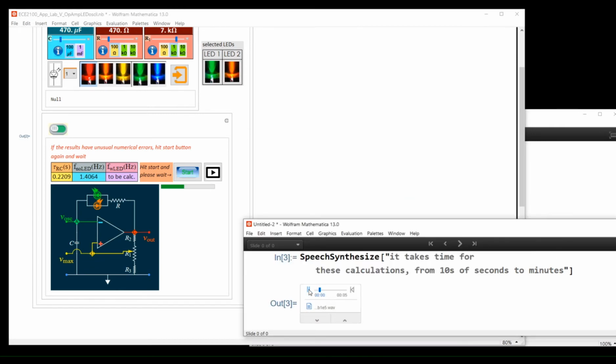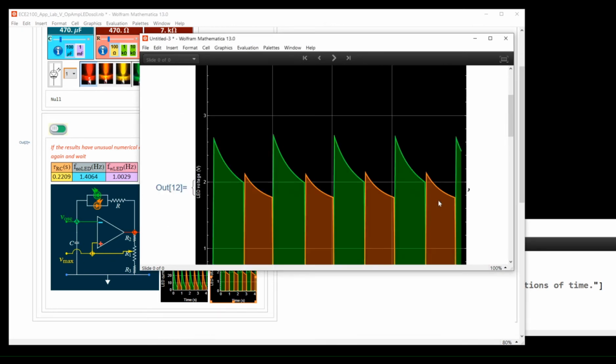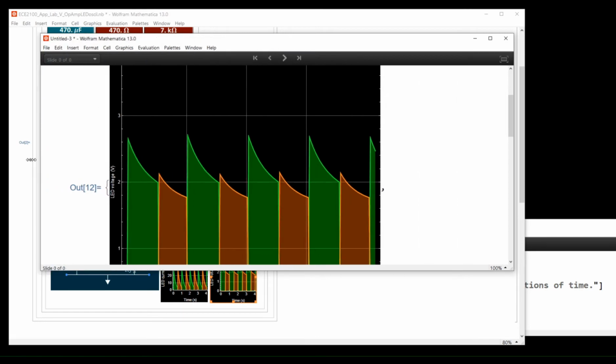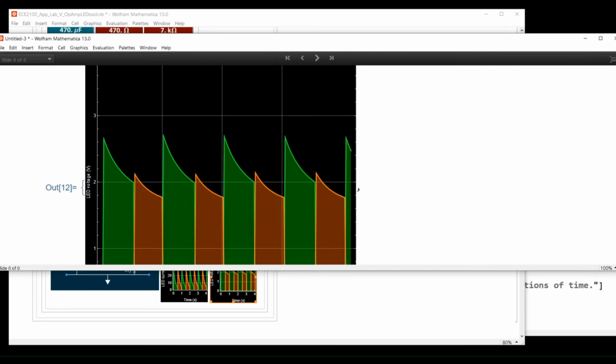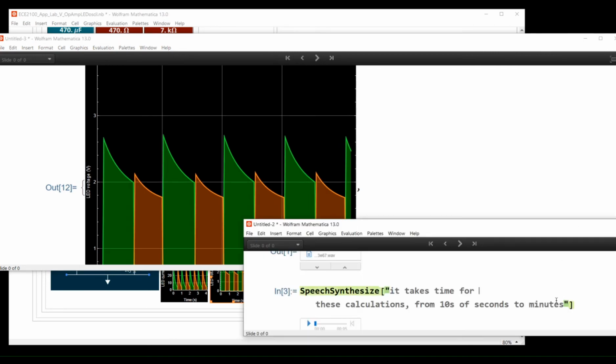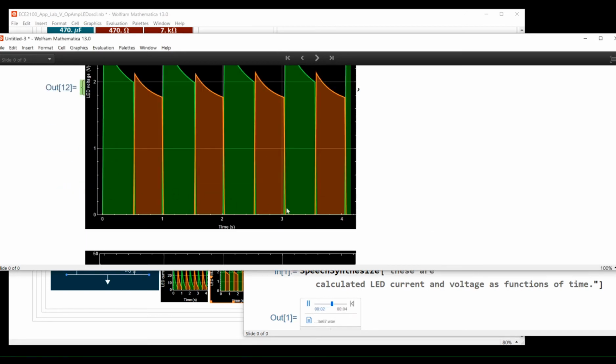It takes time for these calculations, from tens of seconds to minutes. These are calculated LED current and voltage as functions of time.